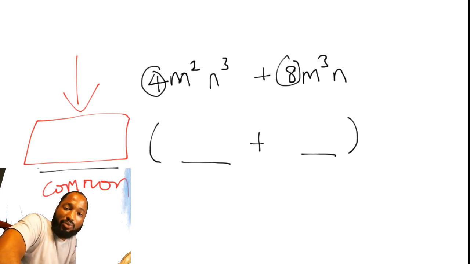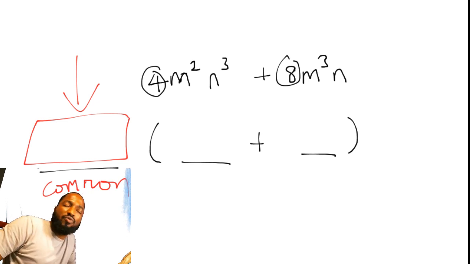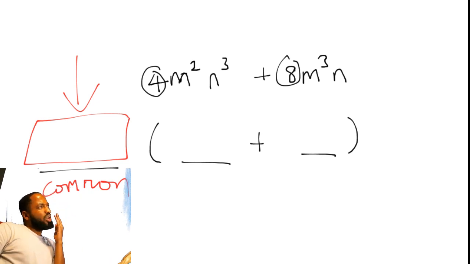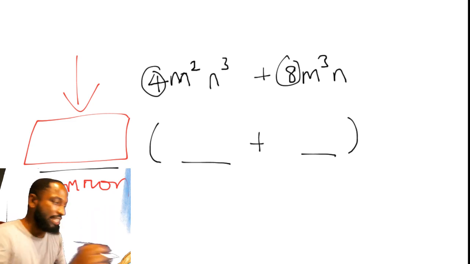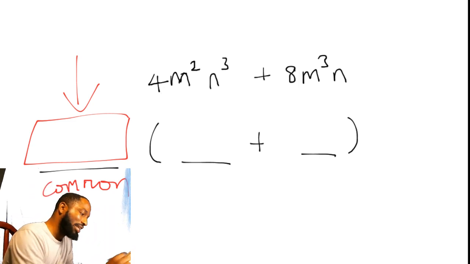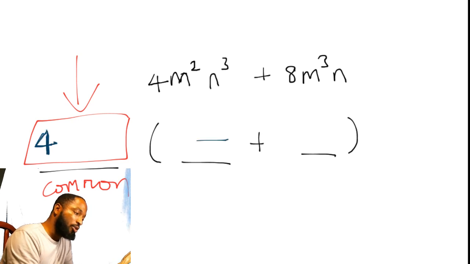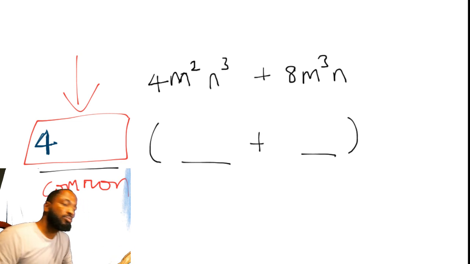We did HCF, we did LCM. Between 4 and 8, you're always going for the highest common factor. What could go into 4 and into 8? 4 is the answer. So 4 is common, and 4 will come out. We'll worry about what to put inside just now.